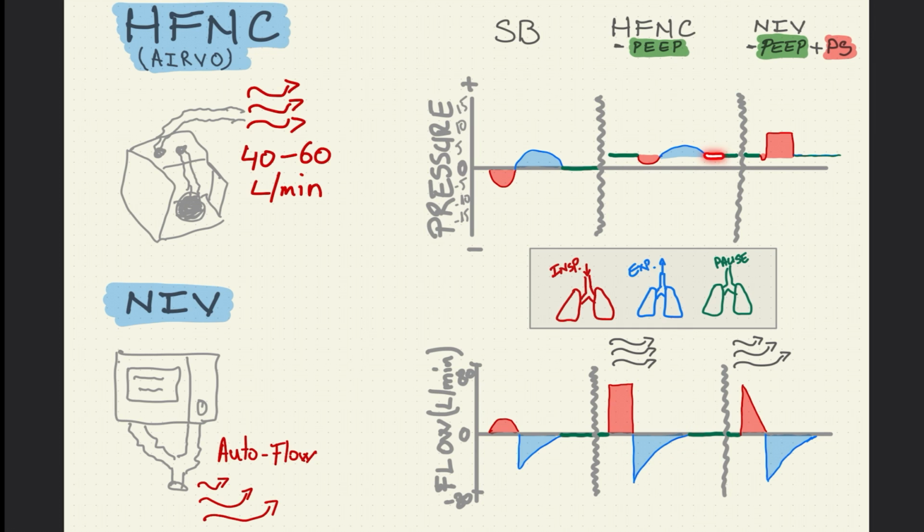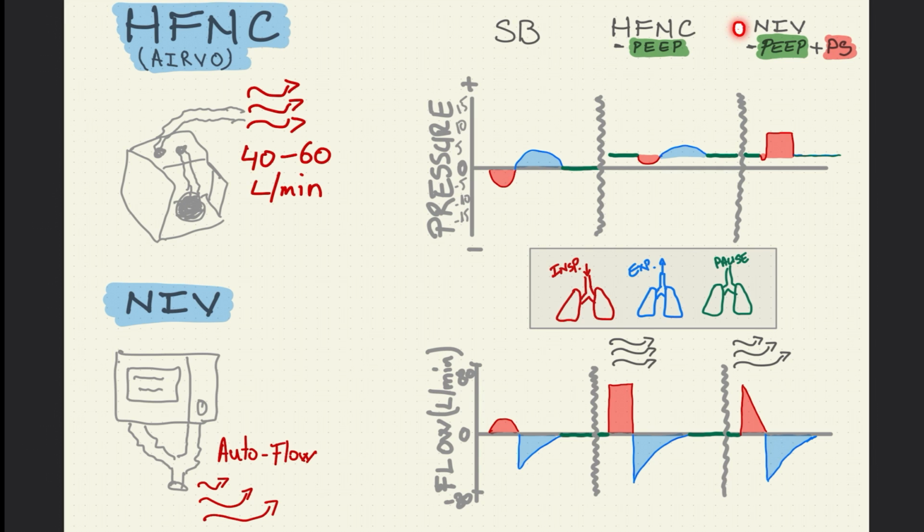During the pause, the Airvo machine still administers high flow of oxygen, which then generates a positive pressure inside the airway compared to the atmosphere, which is zero. This is termed positive end expiratory pressure. This positive end expiratory pressure on the Airvo machine ranges from 5 to 10 centimeters of water and can be adjusted by adjusting the flow rate on the machine.